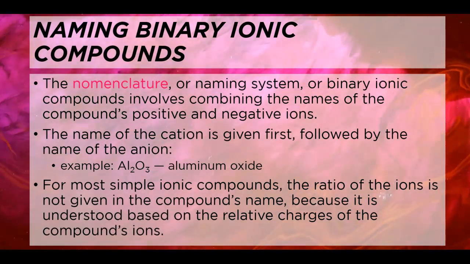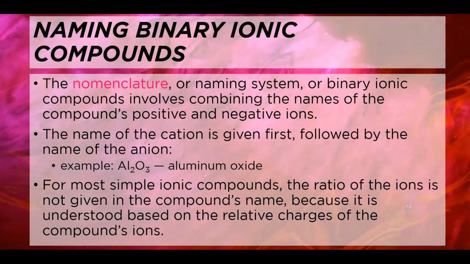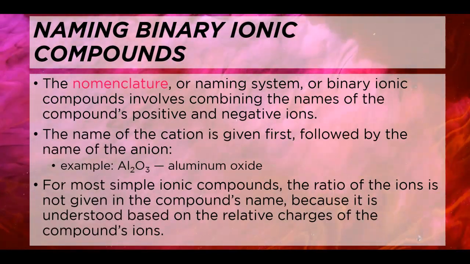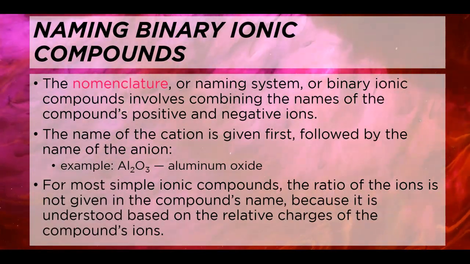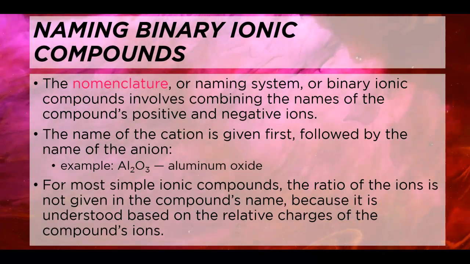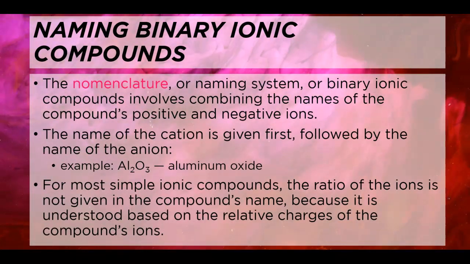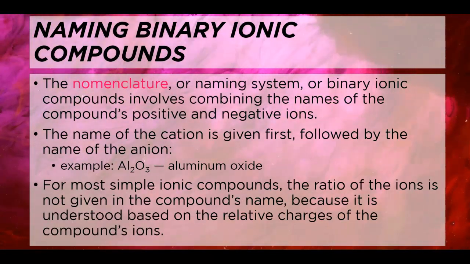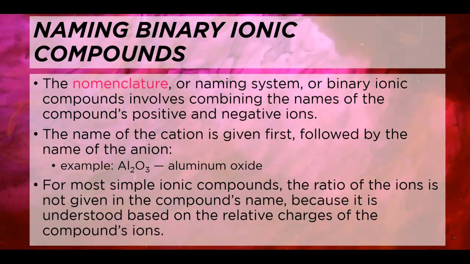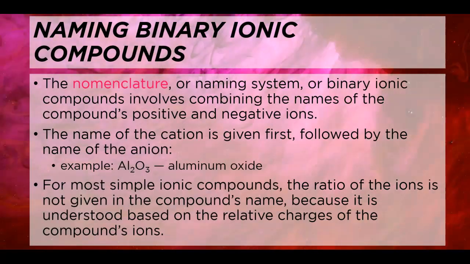With ionic compounds, we're understanding that Al2O3 is the definite ratio that ionic compound will form. So it's redundant to add a di or a tri to that. We're just going to literally name it cation, anion, aluminum oxide.